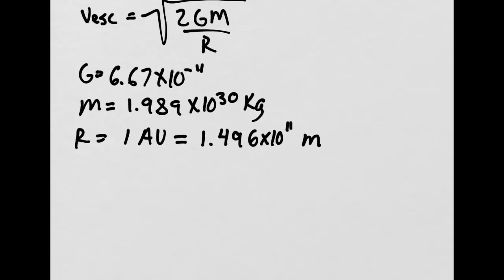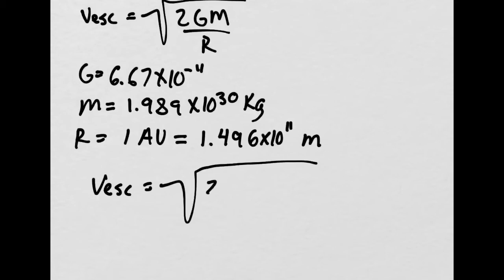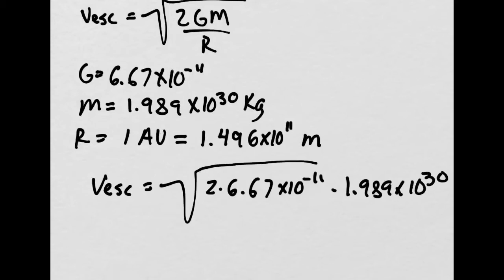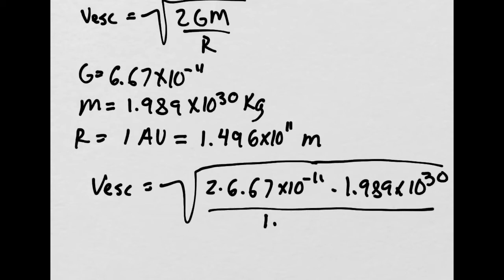So if we do our escape velocity equation, the escape velocity is equal to the square root of 2 times G, which never changes, times M, which is now the sun, 1.989 times 10 to the 30, and that is divided by r, 1.496 times 10 to the 11.